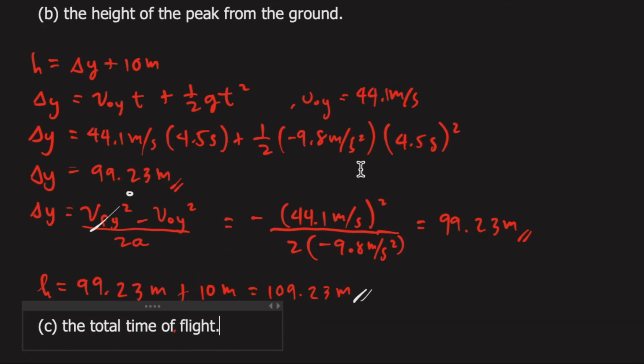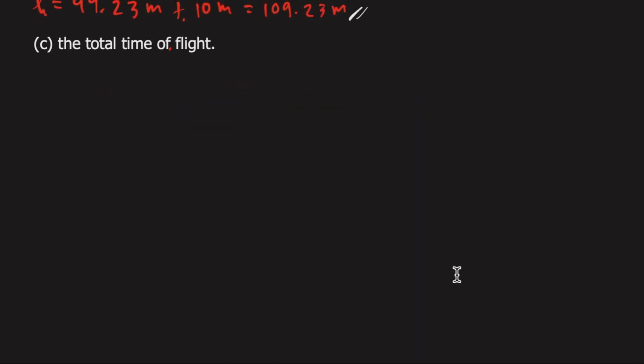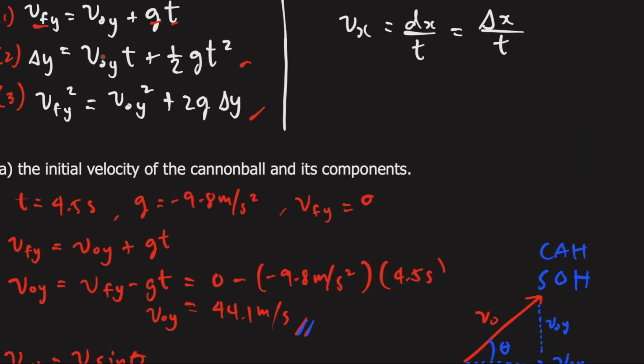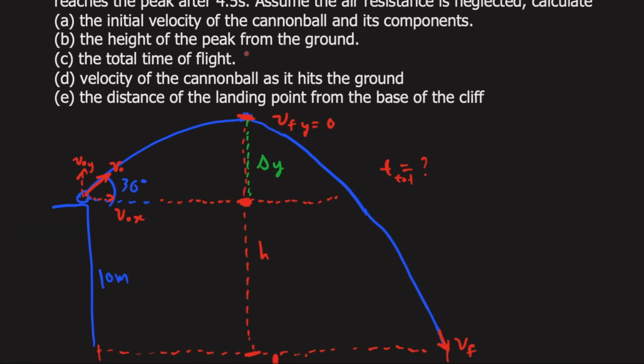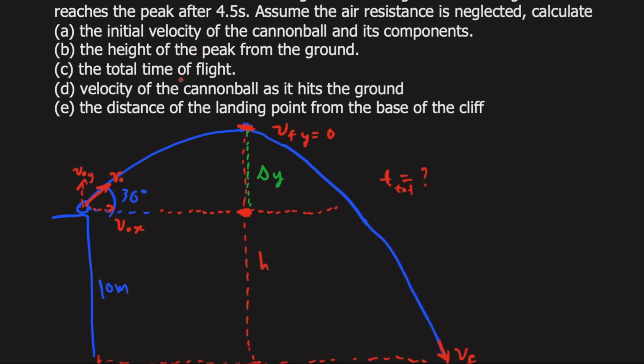Now our next question is the total time of flight. To get the total time of flight, we have time total. Let's look at this again. We are given 4.5 seconds, so this is just the time for the cannonball to go to the peak.